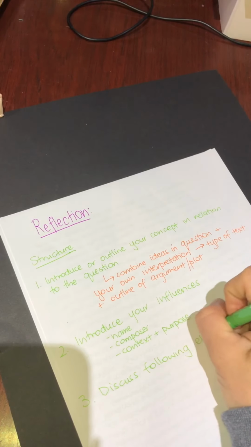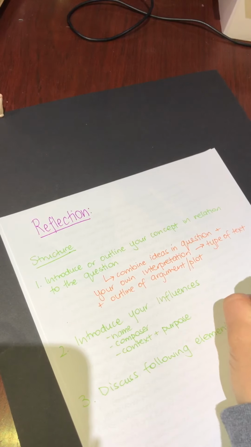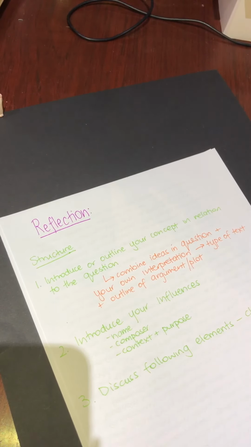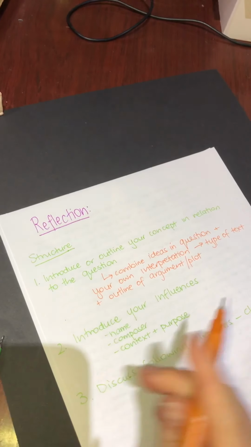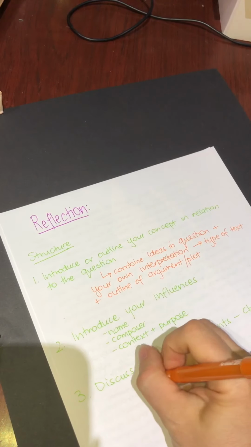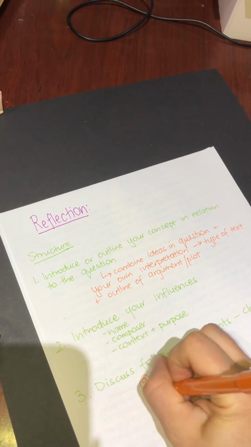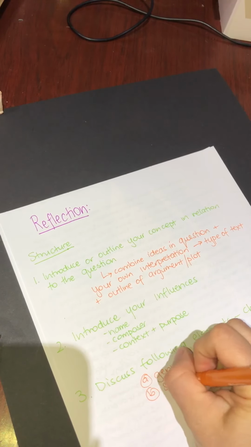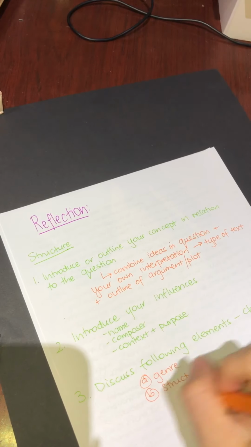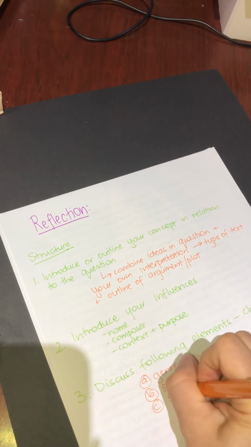I would suggest choosing 4 of them, because I don't feel you're going to get much more than that many in. So maybe you're going to talk about genre. Maybe you're going to talk about structure. Maybe setting.